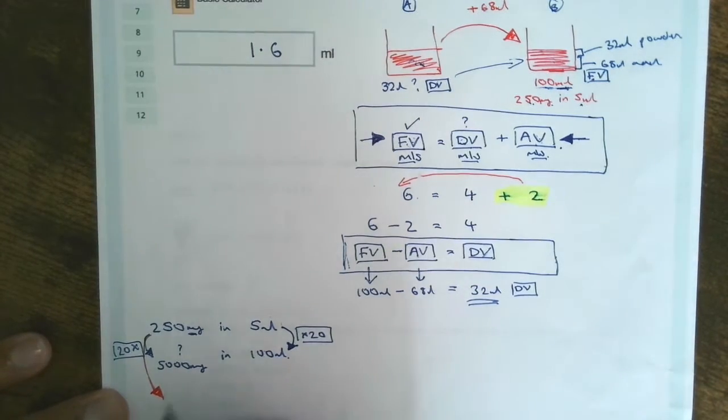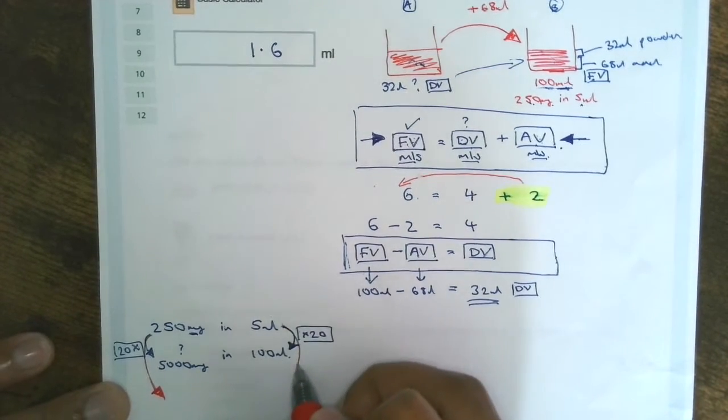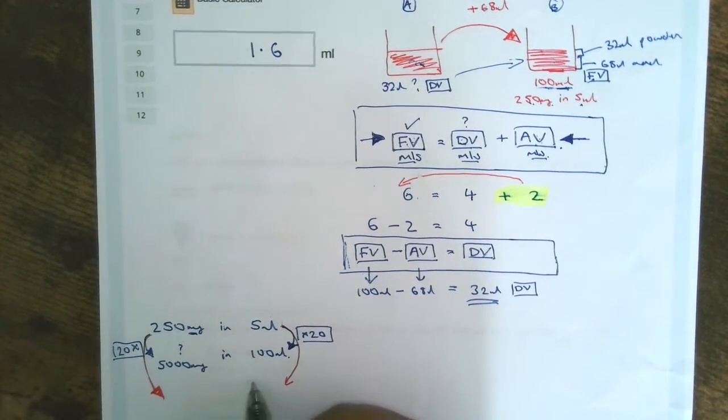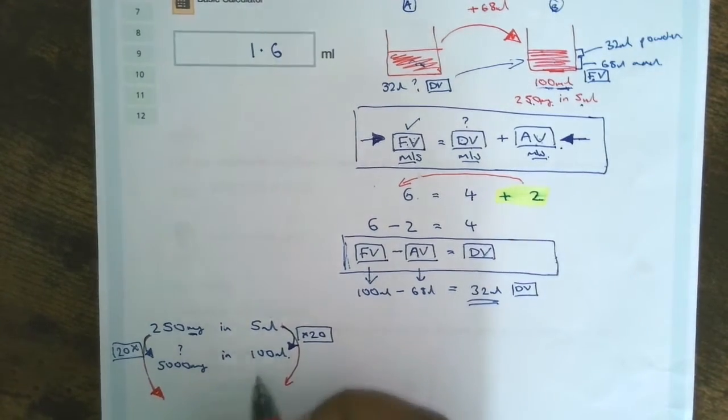So I tend to teach students, okay, you need to know how many milligrams there are in 100 mil. So why not go from 5 mil down to 1 mil and then work your way back up? So let me show you.